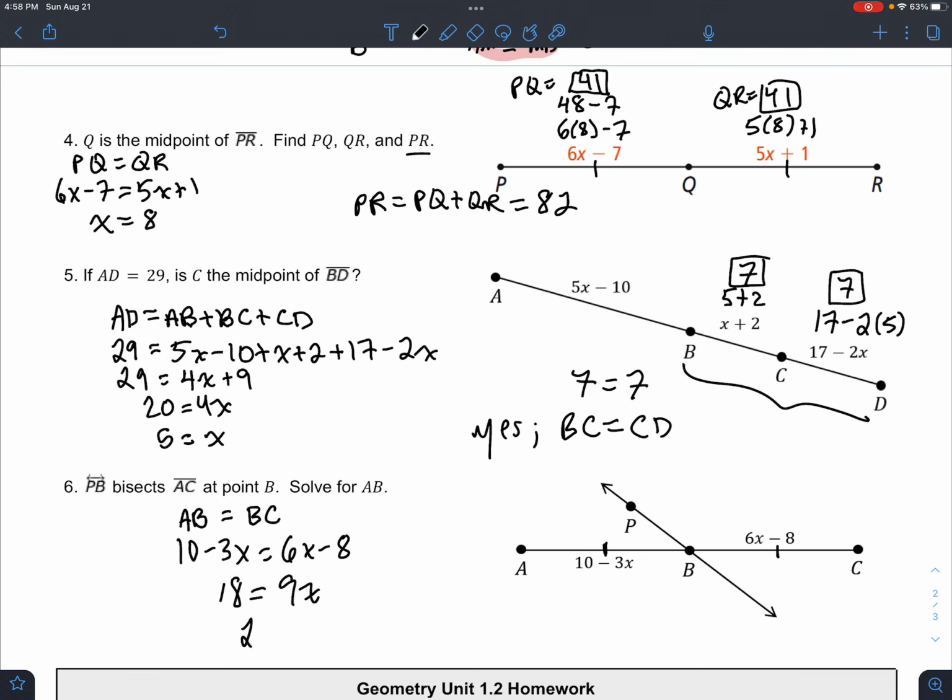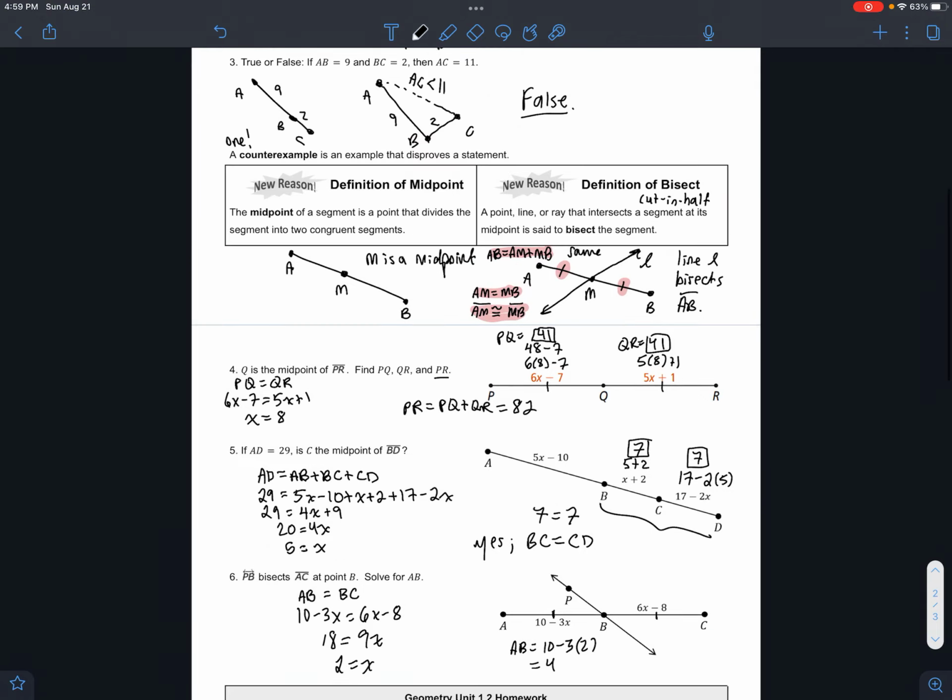So it looks like we get 2. And then they want to know what AB is. So AB is 10 minus 3 times 2, which is 4. Okay?